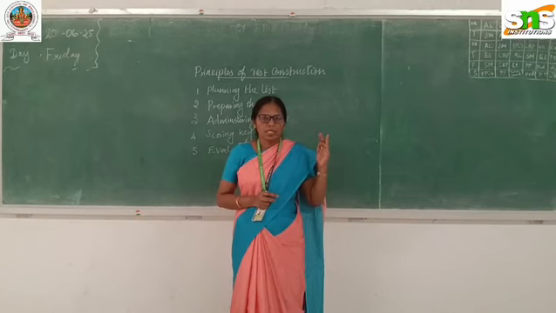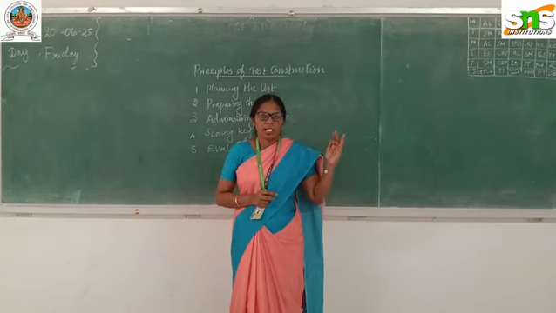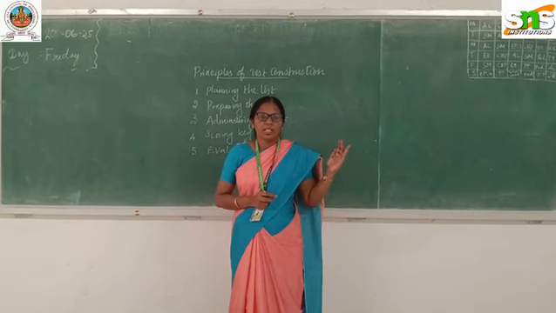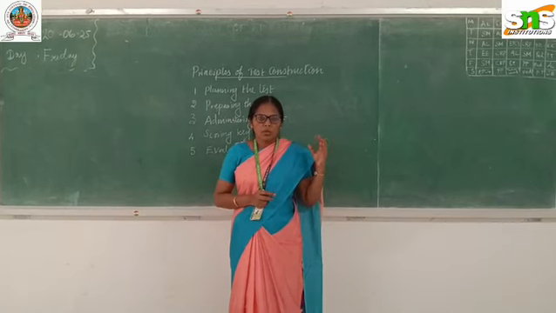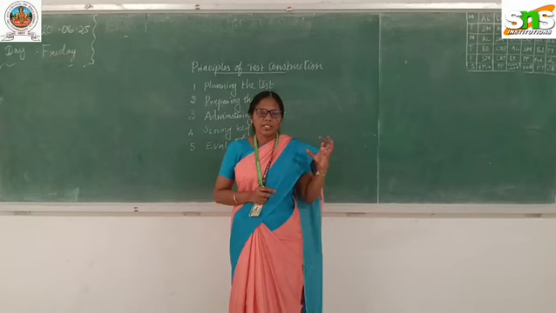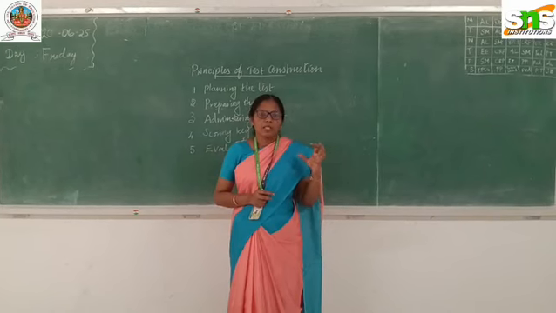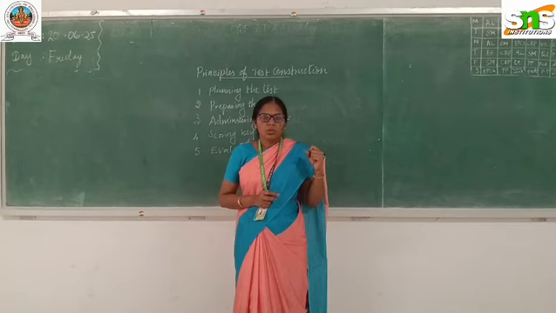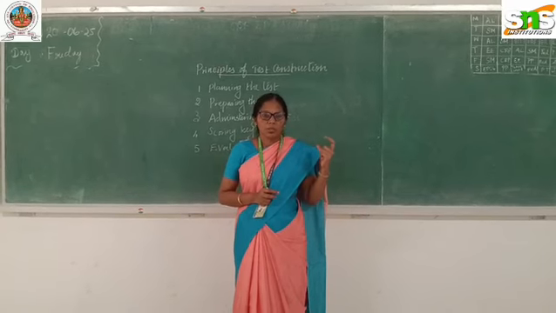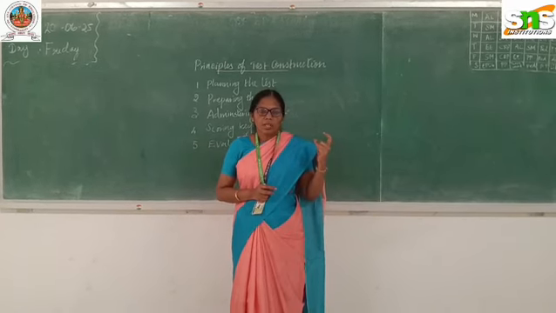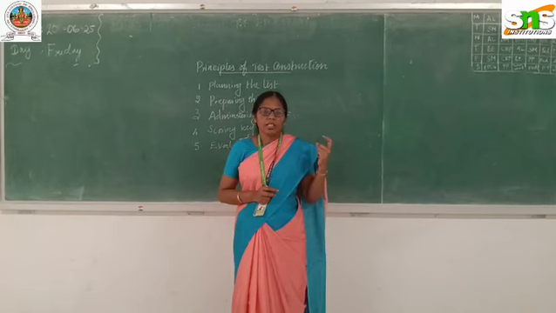For objective-based items, if they have written the correct answer, we give a mark. For very short answers, the important points are the main thing. We allot marks, for example 2 marks, and keep the scoring key accordingly.